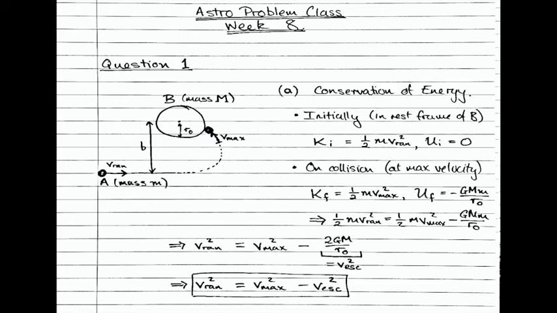We recognize that last part as the escape velocity of planet B squared. Putting that in, you find the boxed result on the problem sheet: v_ran squared is v_max squared minus v_escape squared.